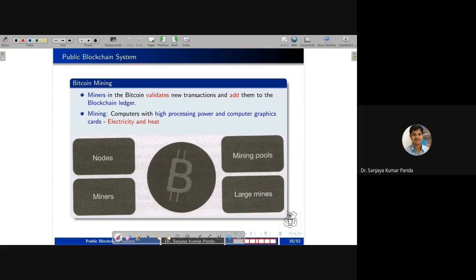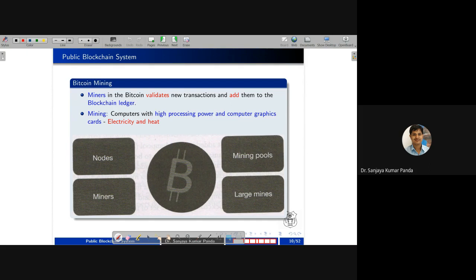Computers have graphics cards through which the miner has to solve a very complex mathematical problem, or you can say a puzzle, using a cryptographic hash function in order to validate that particular transaction. So in order to perform the process of mining, you require electricity, power consumption, and heat is also generated from that computer system. That's why the first miner who solves this puzzle is rewarded, right?